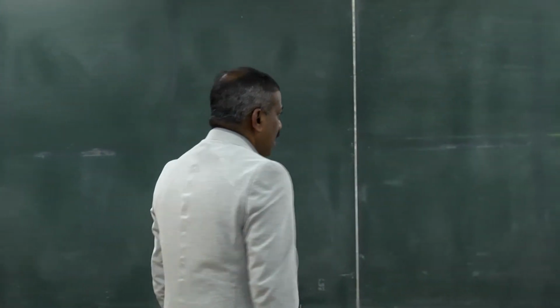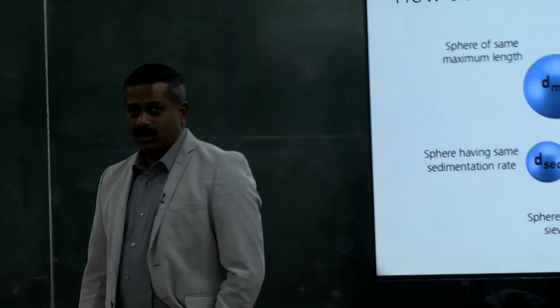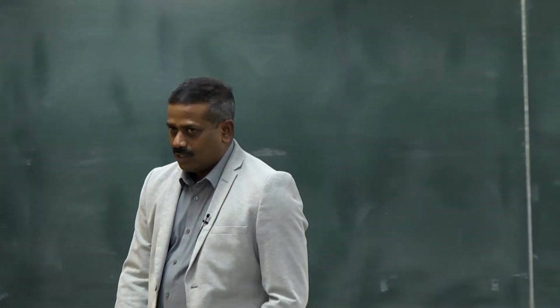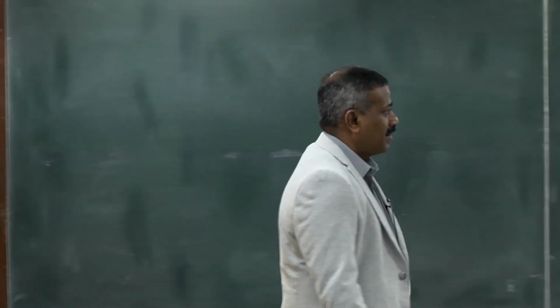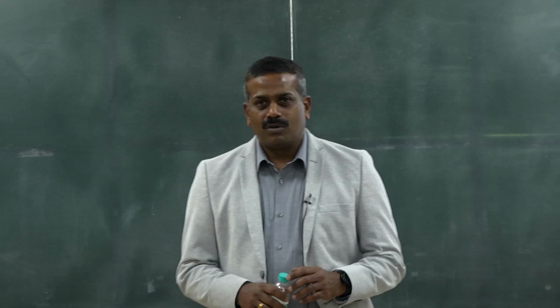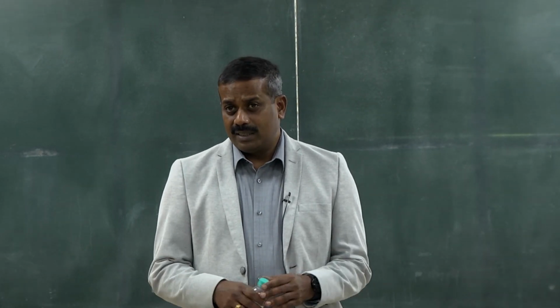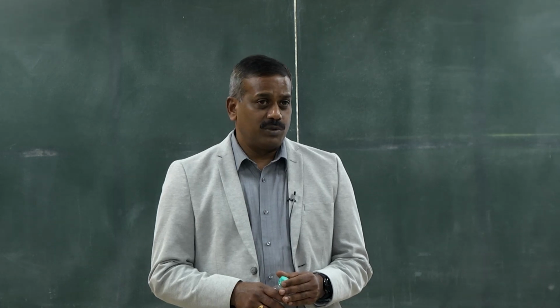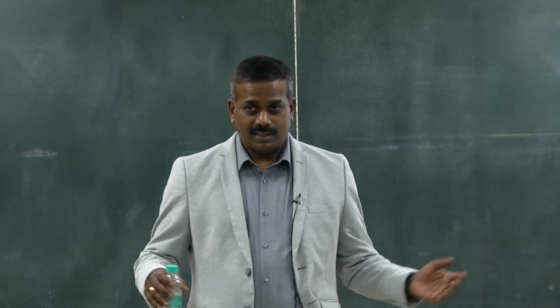Okay, so how do we measure size? I don't know, many of you would have seen this slide, right? So how do we measure size? Again, this is from Malvern. For any agricultural material or food material, the sizes are not uniform, and the shapes make it complicated to measure the sizes, right?